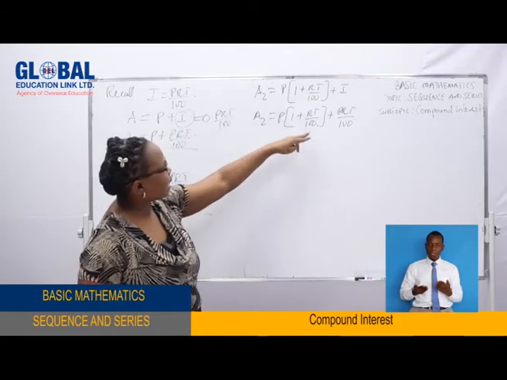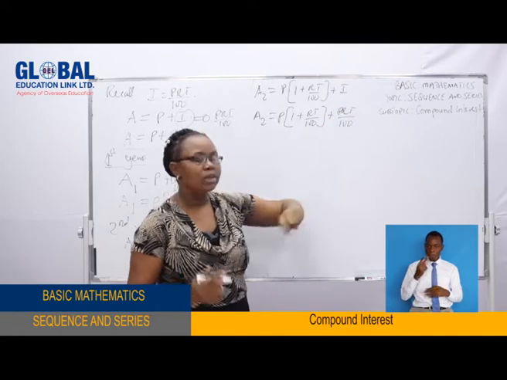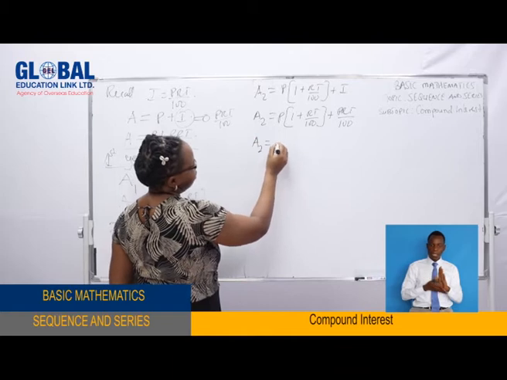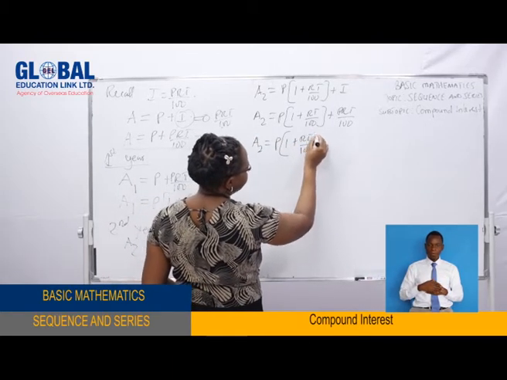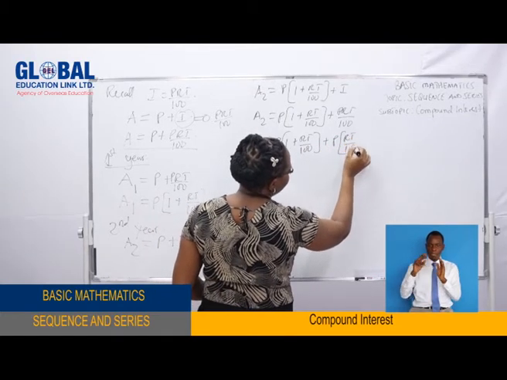But in the amount of the second year, we have PRT/100, where P is also the principal. Then the amount in second year will be P(1 + RT/100). We can factor out P, remaining with RT/100.